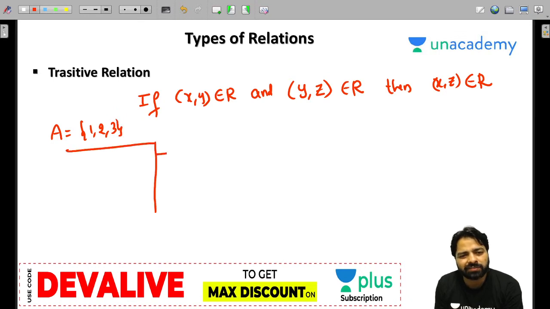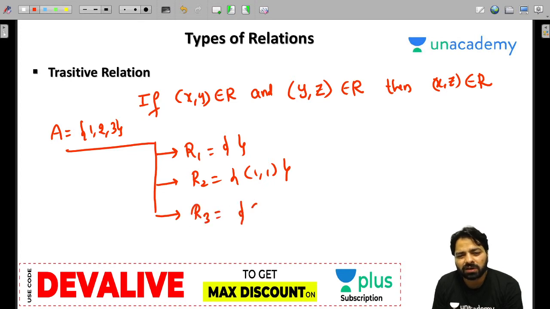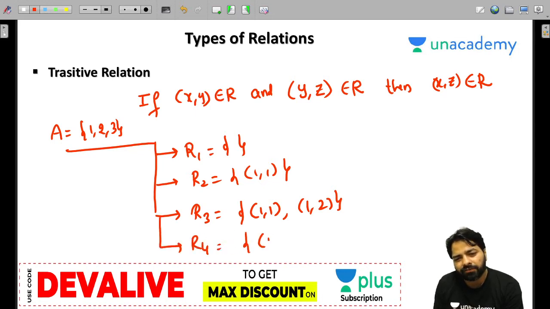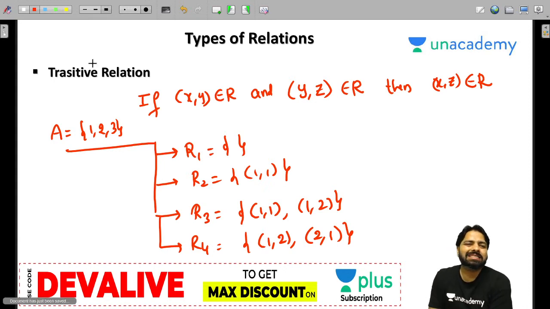Now find out transitive relations. Suppose R1 is equal to empty set. R2 is equal to {(1,1)}. R3 is equal to {(1,1), (1,2)}. And R4 is equal to {(1,2), (2,1)}. Find out which is a transitive relation.